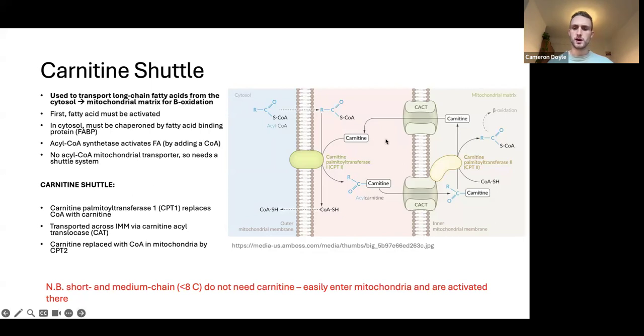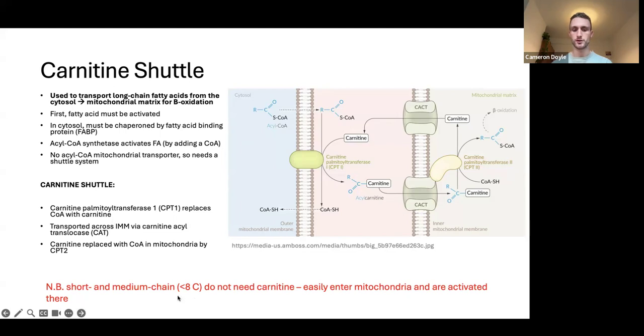Essentially you have carnitine which binds to acyl-CoA. You've got these two enzyme complexes, CPT1 and CPT2, and it's essentially acting as a transporter across the inner mitochondrial membrane.